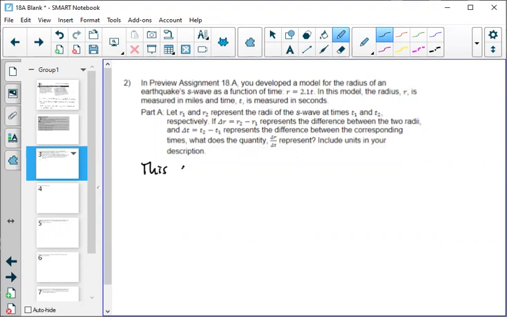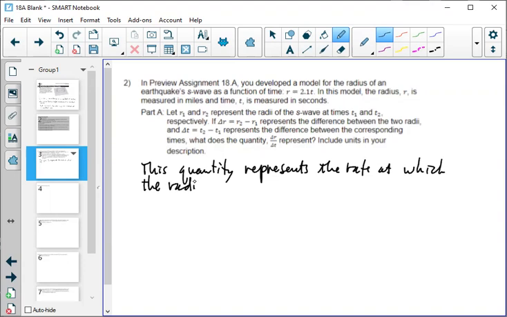We could write this: the quantity represents the rate at which the radius increases, that's per unit of time.